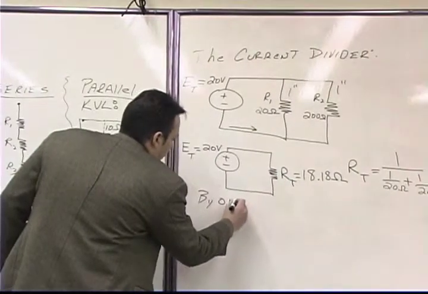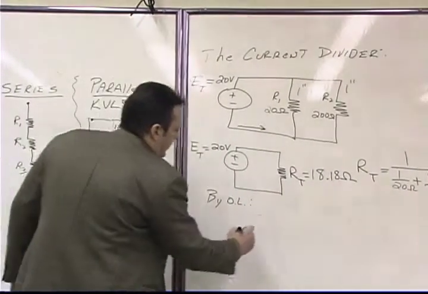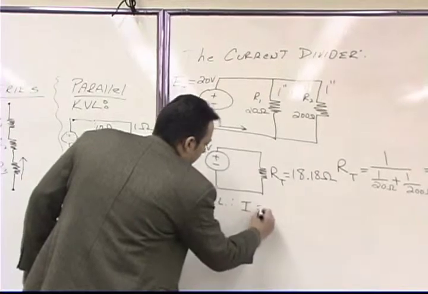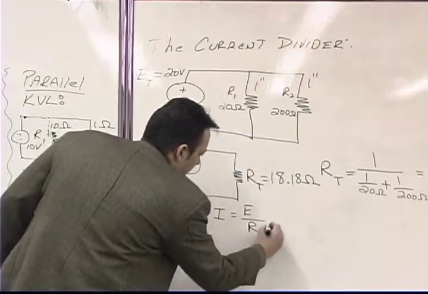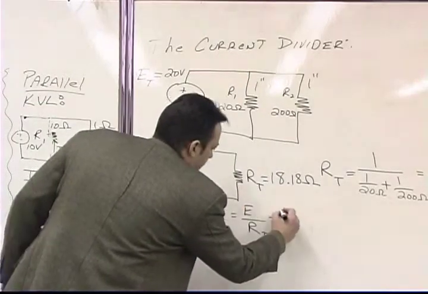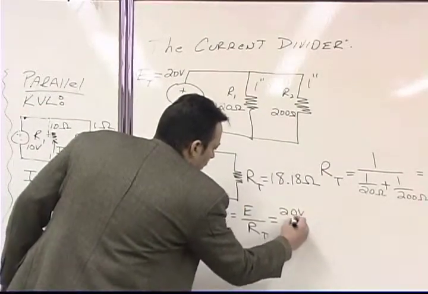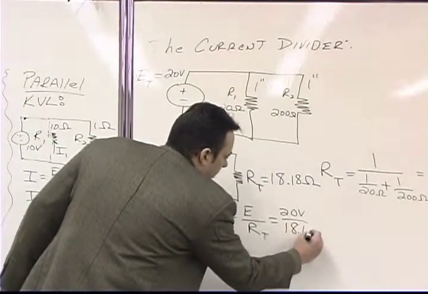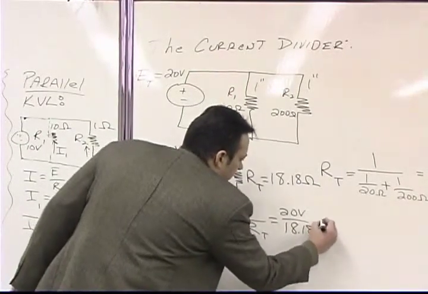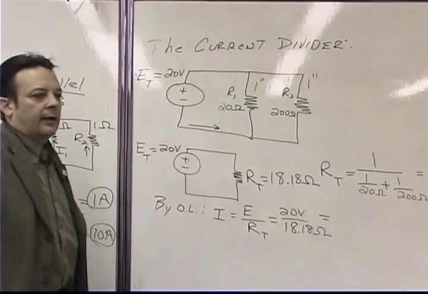Right, so by Ohm's law, if we want to be fancy about it, current is equal to voltage divided by total resistance, which in our case is equal to 20 volts divided by 18.18 ohms. So what do we get when we do that?